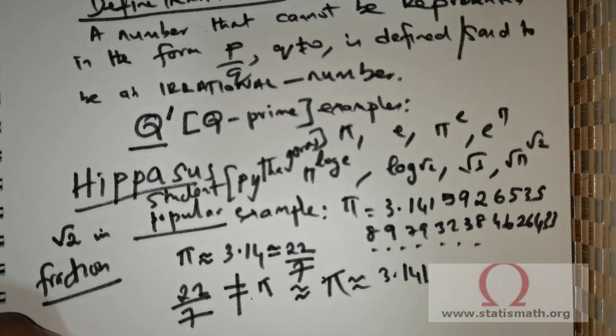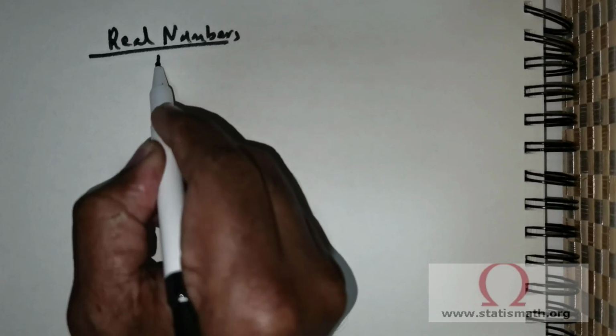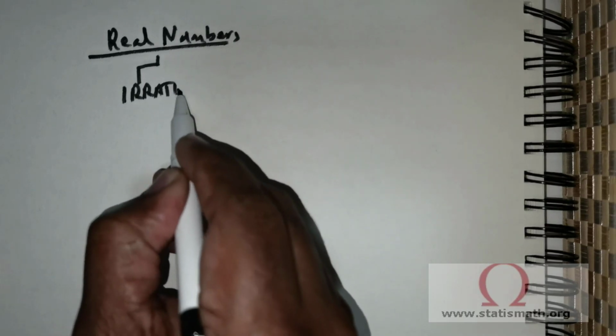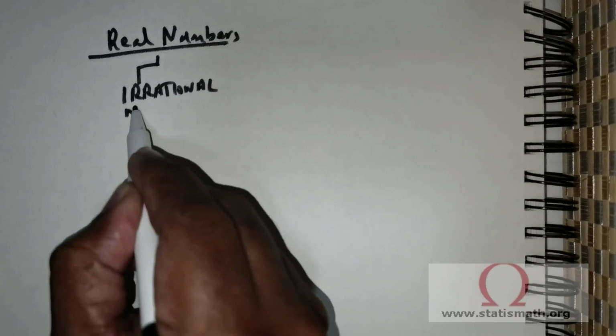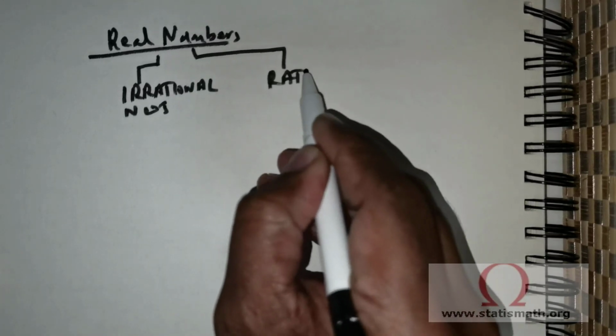Now let us move on to another definition of the number system. The next number system is real numbers. Real numbers consist of irrational numbers and rational numbers.